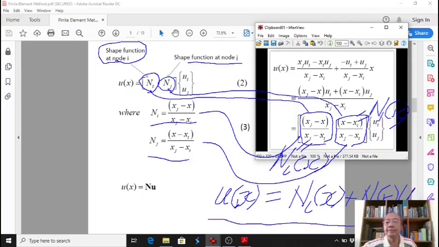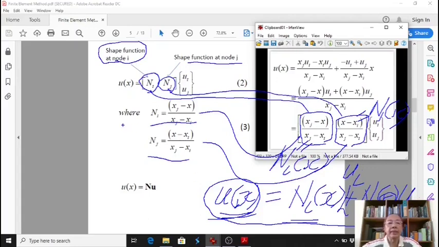So the displacement at any point in the element, ux, is equal to the shape function ni of x times ui, the nodal displacement at node i, plus nj of x, the shape function at node j, also a function of x, multiplied to uj, the nodal displacement at j.